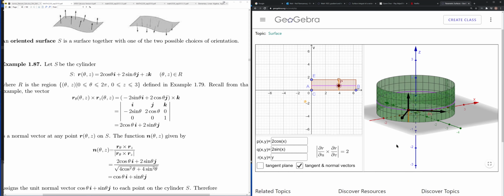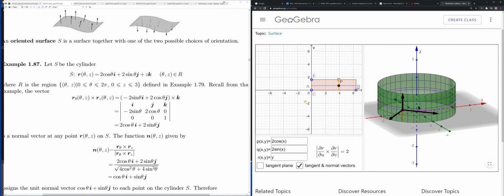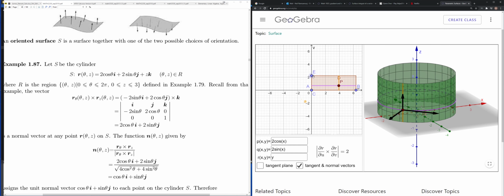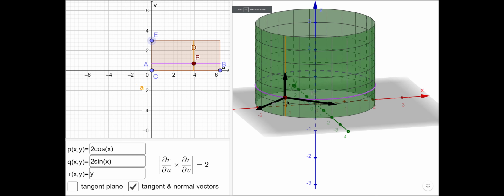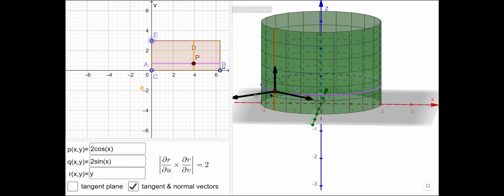So in this diagram here, this is the same cylinder, right? The height of the cylinder should be 3, so your height of the cylinder is 3, the radius here is 2, and it's centered around the z-axis, right? Okay, and in this diagram, this vector here is a normal vector, right?